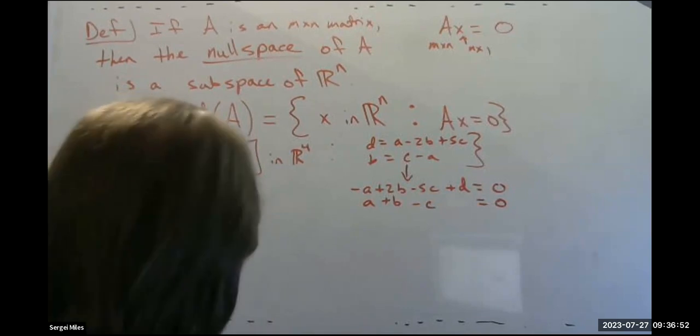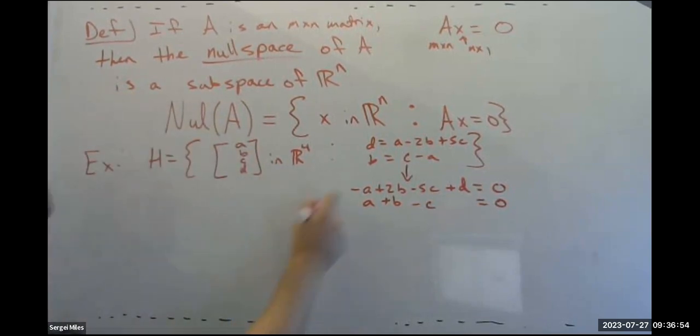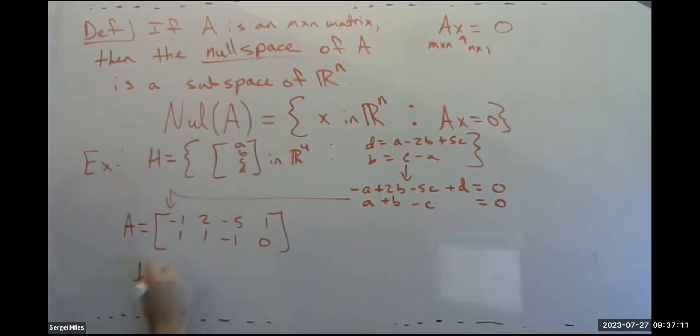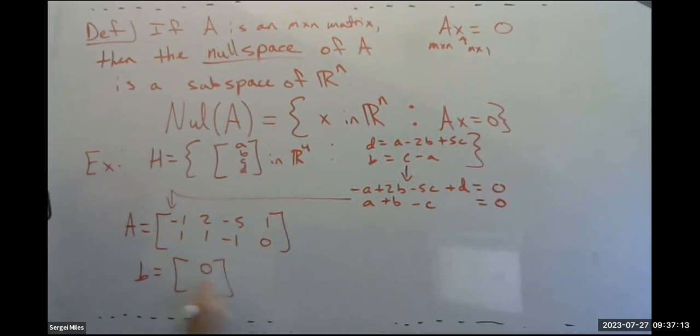Okay, but how does that help us? Well, now that I have this written as an equation, we can notice, all right, I have a coefficient matrix. This is my matrix A. And I have 2 rows, right? I also have a B. My B is equal to the 0 vector.